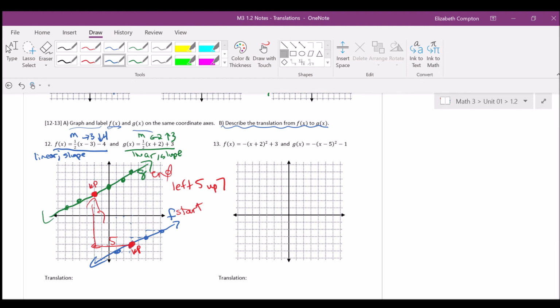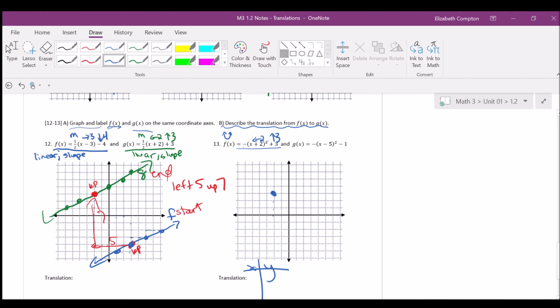Okay, let's go ahead and do number 13. For 13, I look, it's a parabola. I need my key point, so this is going left 2, up 3. Key point 0, 0, left 2, up 3. Let's go ahead, I'm going to make my table down here.